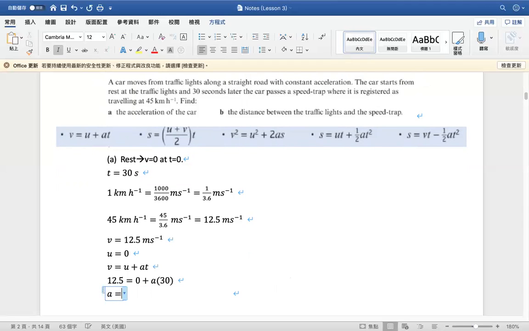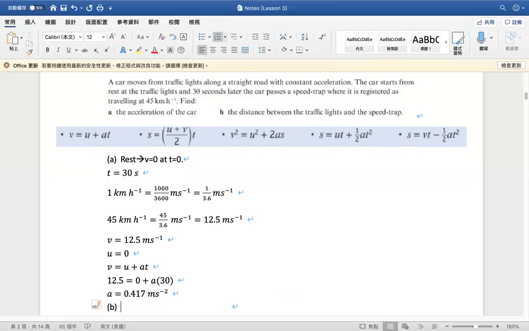So A here would be 12.5 over 30. So it's around 5 over 12, or if we take 3 significant figures, that's 0.417 meter per second squared.